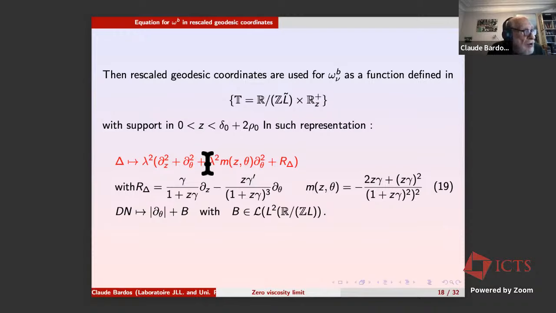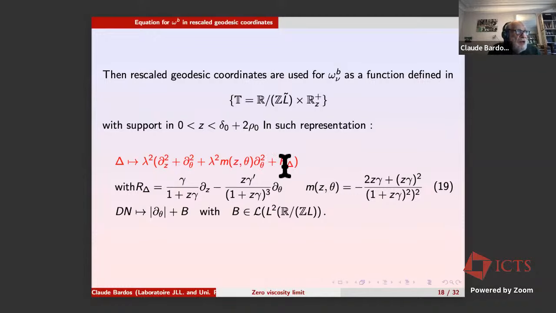But I want more. I want this equation to be a perturbation of something which is exactly the half Laplacian on the half space, which is d2 of z squared plus d2 with respect to theta on the half space. Well, that goes well in principle.